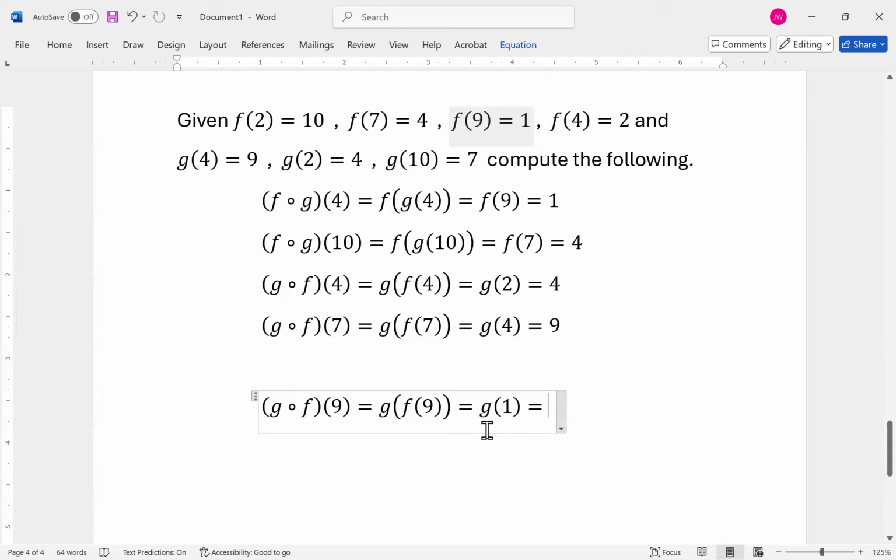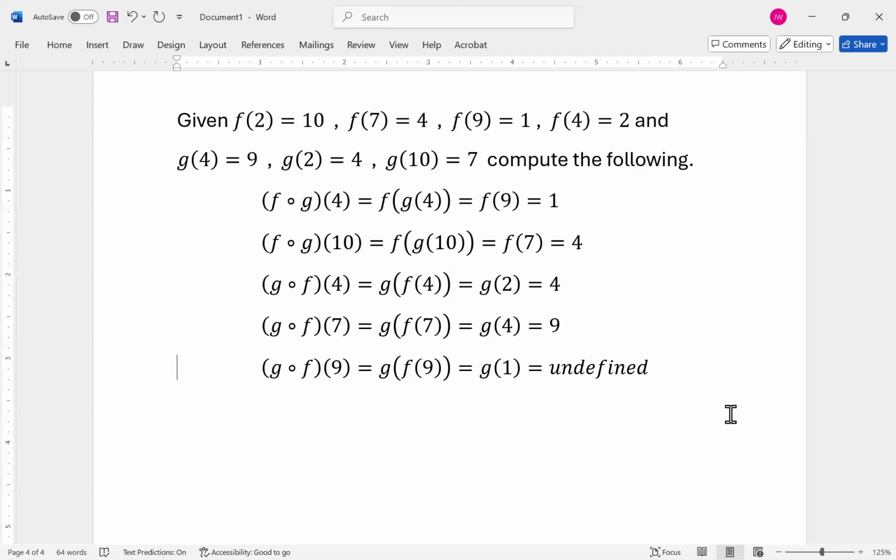So basically, g of 1 is not defined by what I have up here. g of 1 is undefined, or unknown is another way you could write that. Again, this is happening because I don't know where g sends 1.